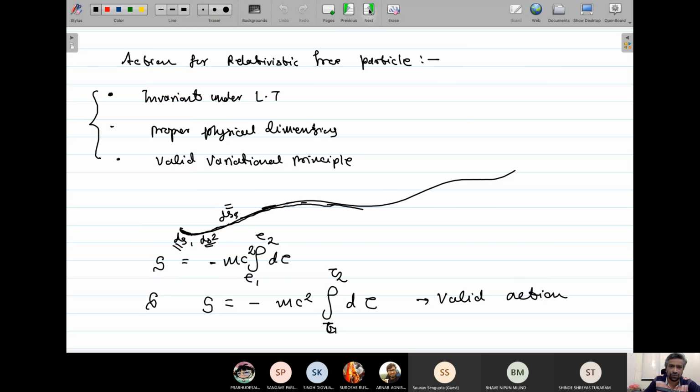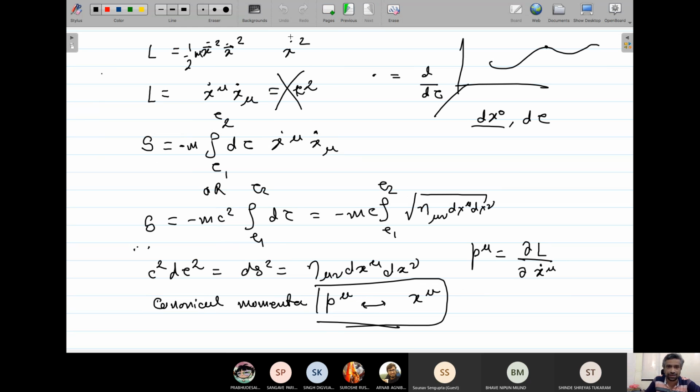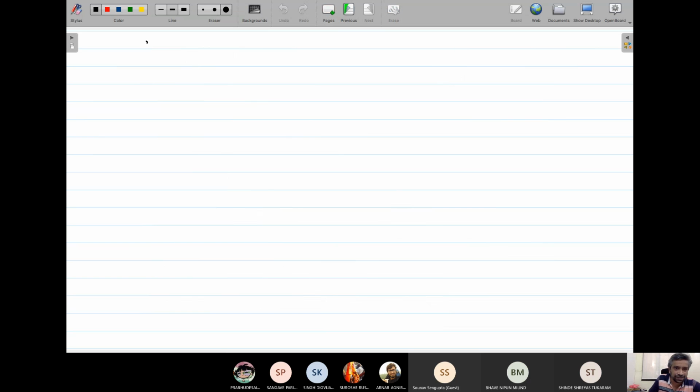So now let me write, so this I will just erase, this is not useful here. Or maybe I will keep it and then go to the next page. So my action is minus mc square integral of d tau, between tau 1 and tau 2.